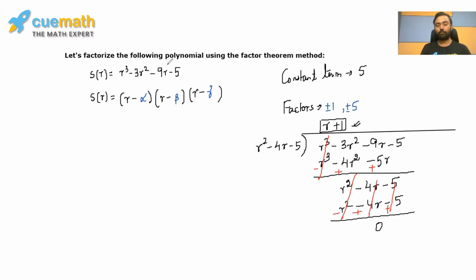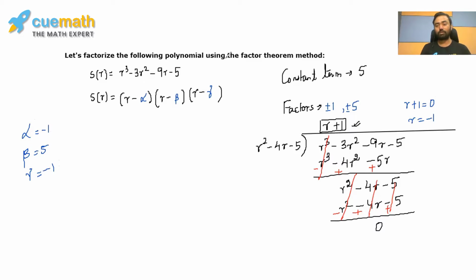So the first two factors were the values of alpha and beta. So the value of alpha was negative 1, the value of beta was 5. Let's substitute these values here. And if we look at the third value, that is gamma, the gamma is equal to r plus 1. If we find the root of r plus 1, so r plus 1 equals 0 or r is equal to negative 1. So gamma is also negative 1.